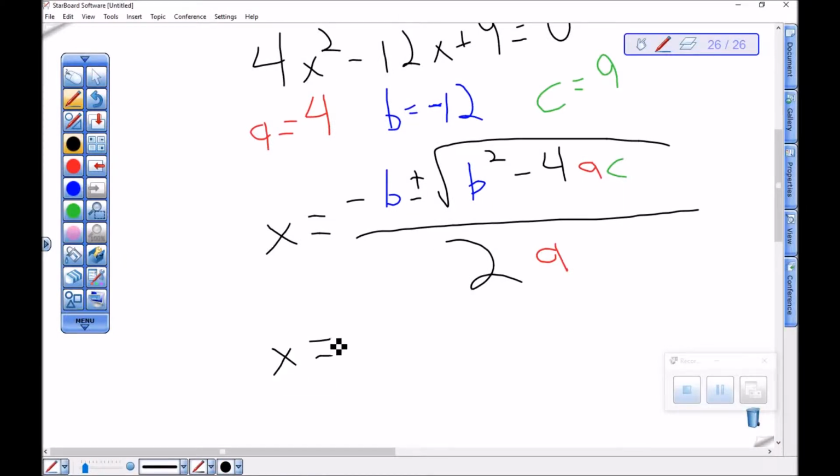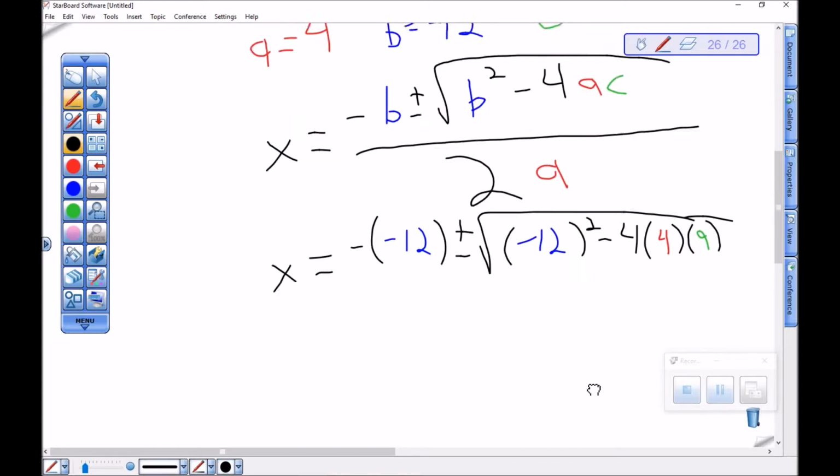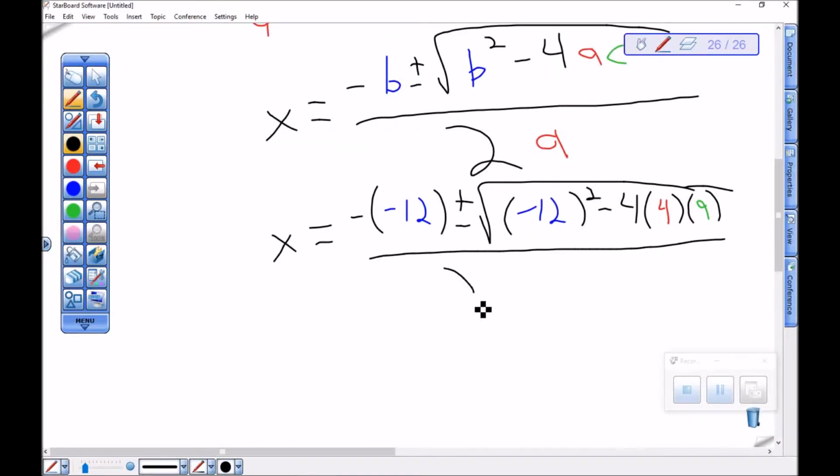So x equals negative 12 plus or minus the square root of negative 12 squared minus 4 times a, which is 4, times c, which is 9, all divided by 2 times a, which is 4.